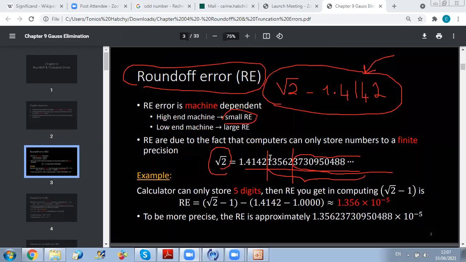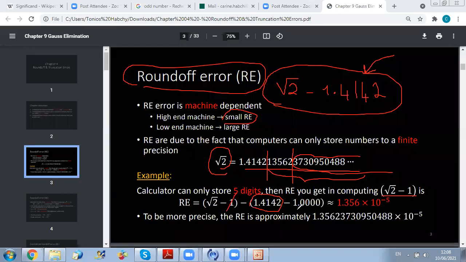Let us now consider the error in computing radical 2 minus 1 using a calculator. If my calculator can store 5 digits, it will replace radical 2 by 1.4142. For 1, there is no error induced because 1 is represented by 1.